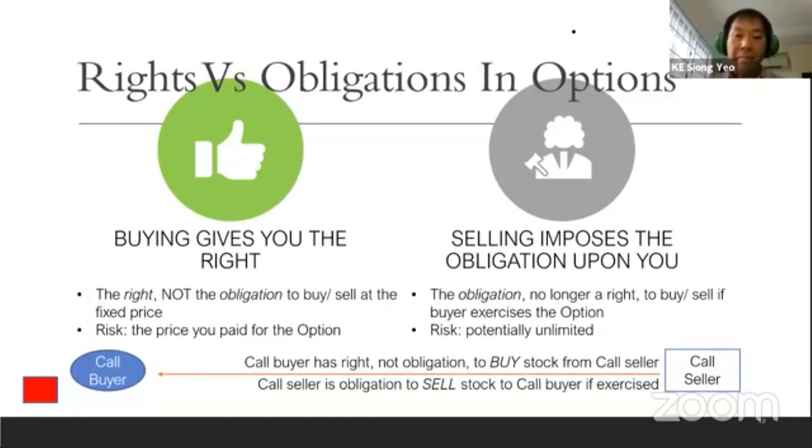In any case, the trading platform I use also requires you to put in a minimum amount of capital so that you actually have the money to be able to pay for the stocks if you get exercised and you need to actually buy the stock. So in that sense, yes, you need to have sufficient cash to be able to buy the stock if you get exercised.